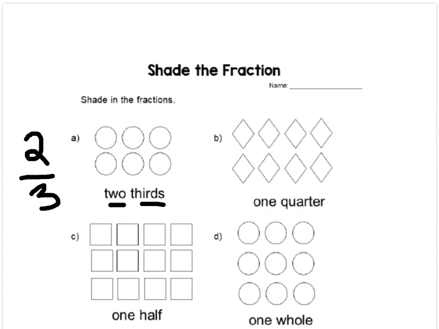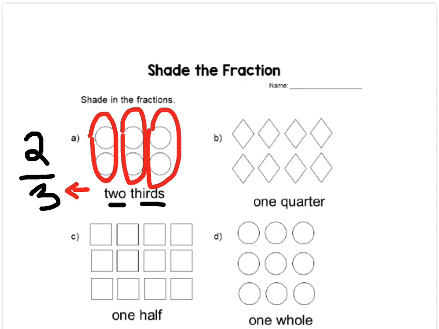Now, what this fraction is telling me is that I want to separate these circles into 3 groups. Okay, so there's 1 group, there's 2 groups, there's 3 groups, right? 3 groups. And I want to color in 2 of them. Okay, I want to color in 2 of the groups.